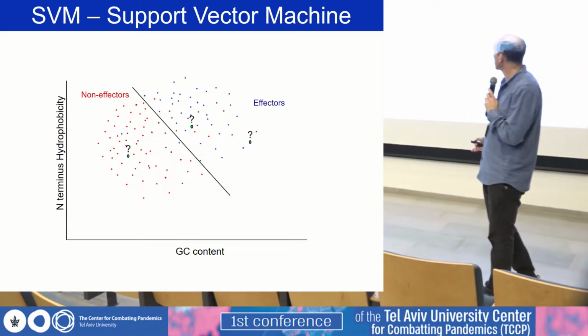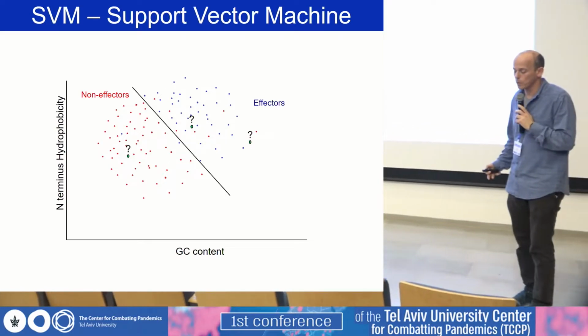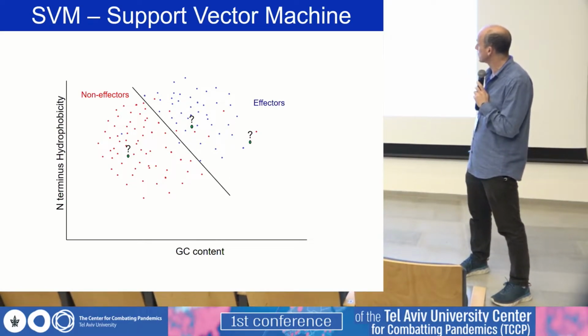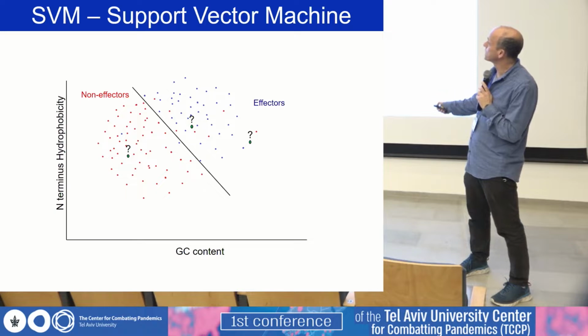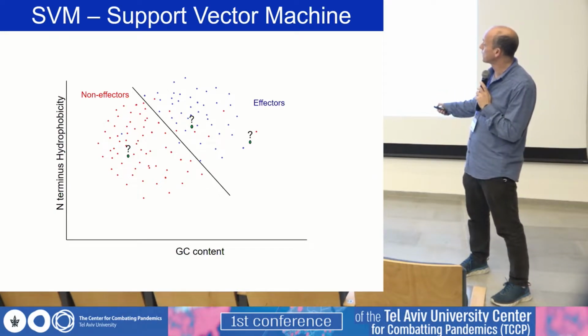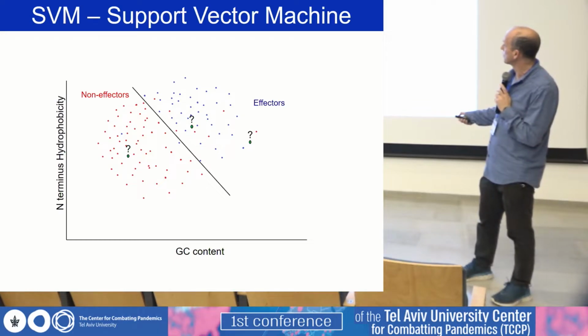I won't explain the basics of the machine learning concept, but the idea is, if you just have two features, let's say GC content and the hydrophobicity of the N-terminal, since the secretion signal probably resides in the N-terminus of proteins, each dot is a protein.